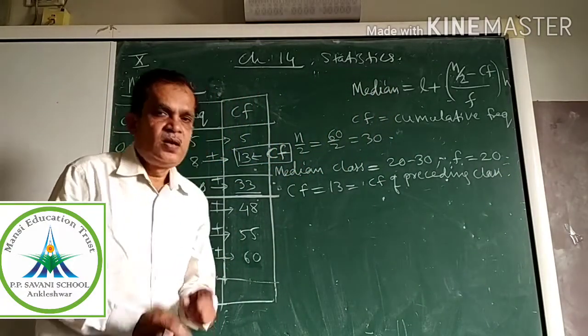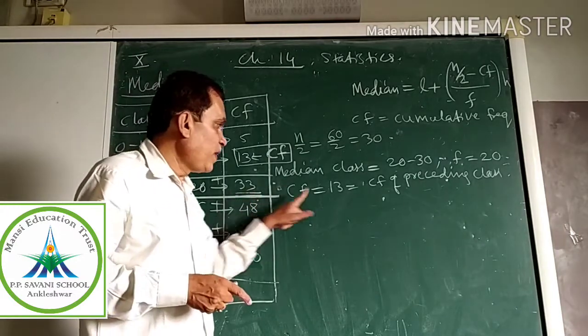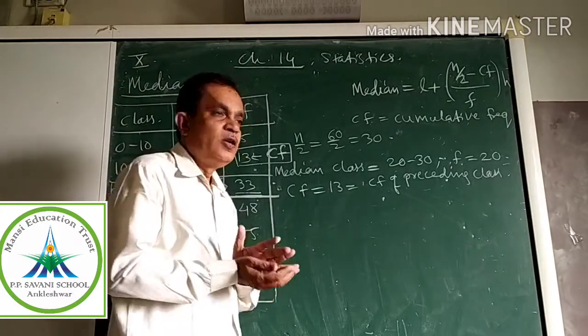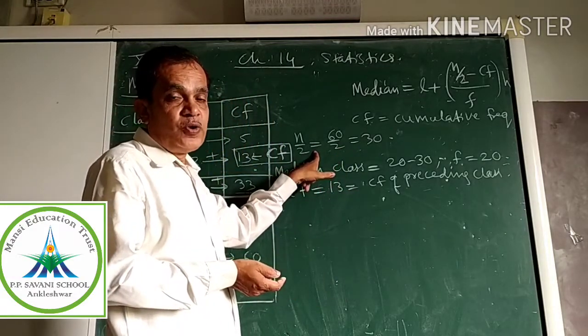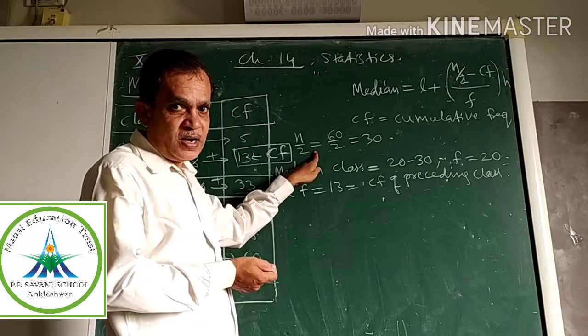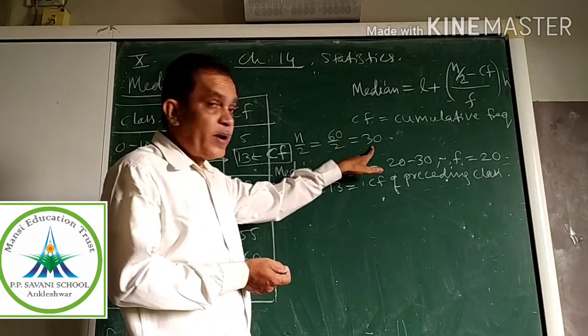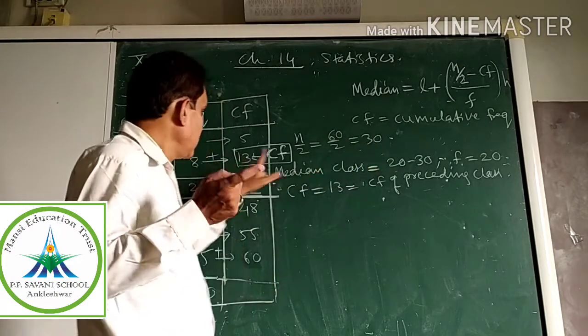Dear friends, understanding is important. Many students write the same CF and get it wrong. So what is the use of N by 2? N by 2 helps us locate the median class. After finding N by 2, 30, which value is slightly more than 30? 33.